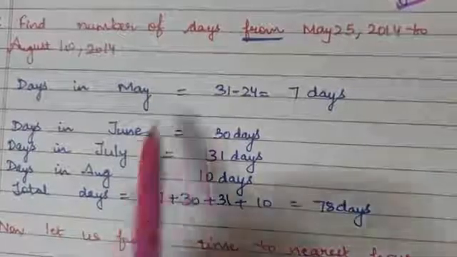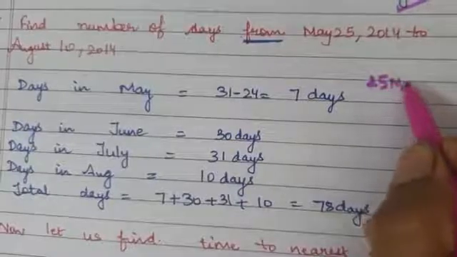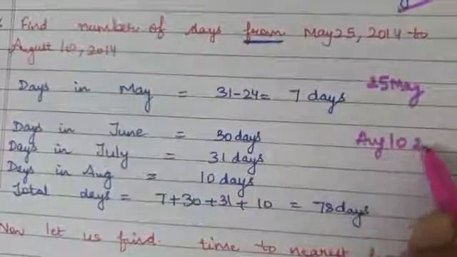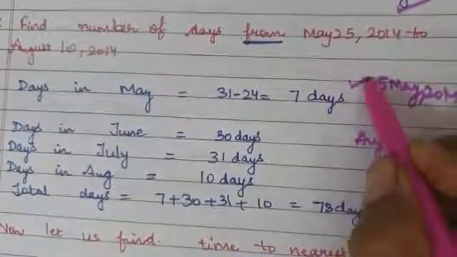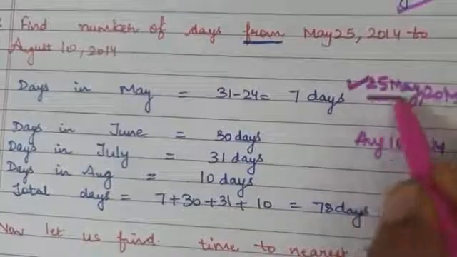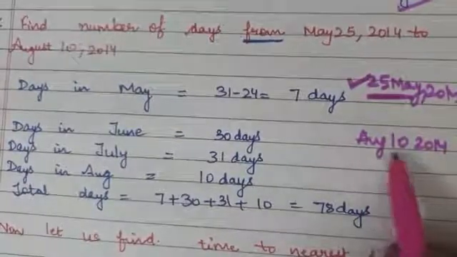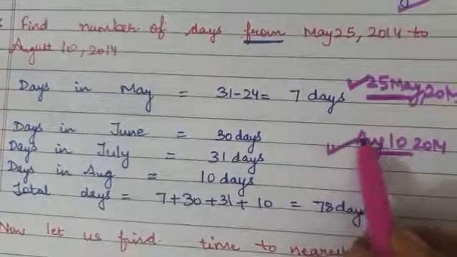Now let us discuss the next question. Find the number of days from 25 May to August 10, 2014. Now from this, means this is also included, and to reach August 10, this is also included.